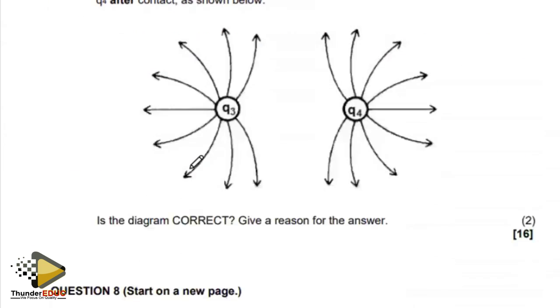All right, then 7.6. We've been given point charges and they drew for us the field patterns. Two charges are now brought into contact with each other and then separated.